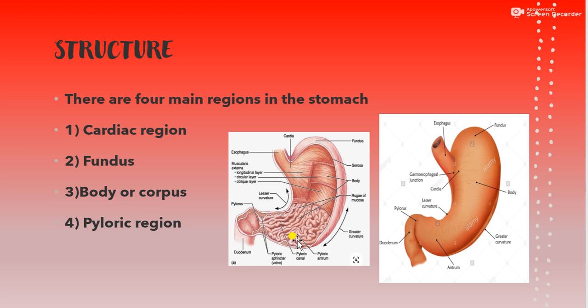The body of the stomach ends in the antrum, and the junction between the body and antrum is marked by the angular notch, and that angular notch is called the incisura angularis.